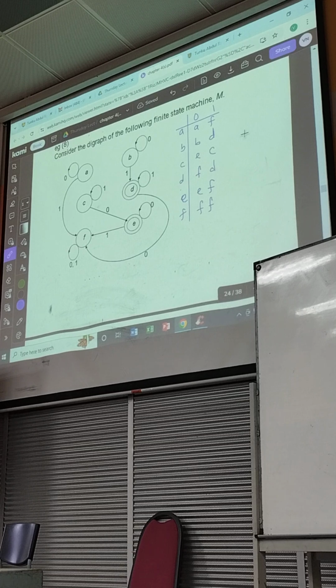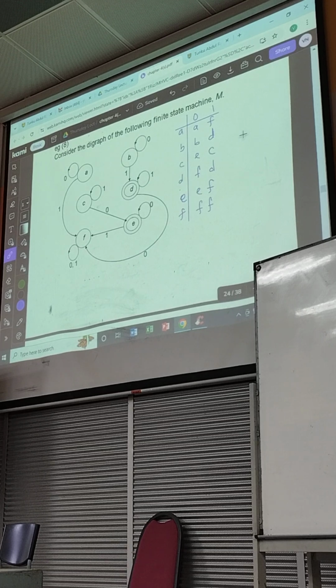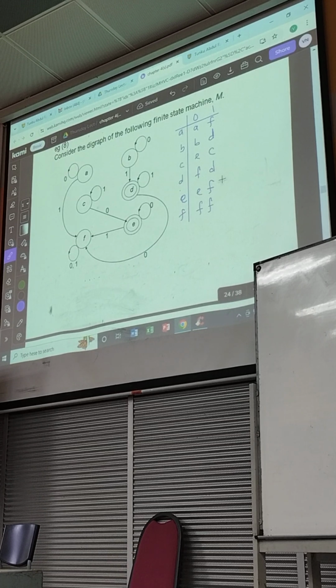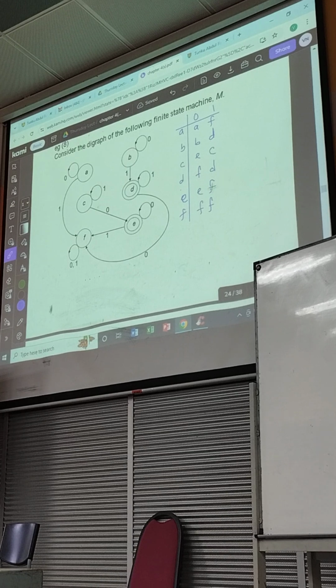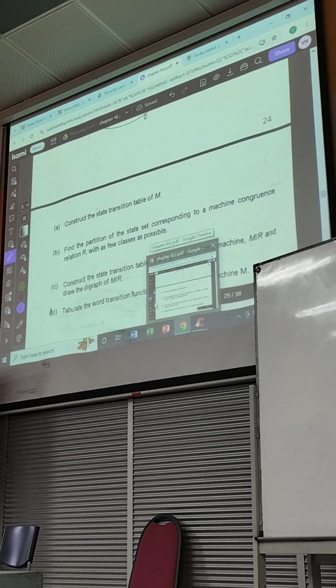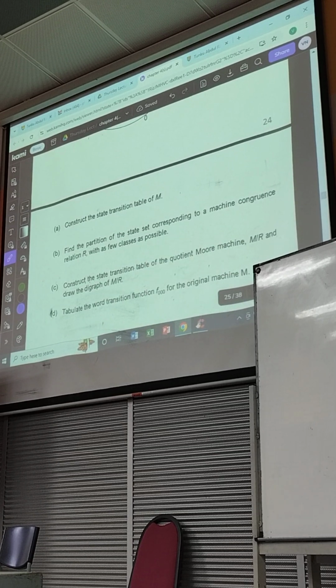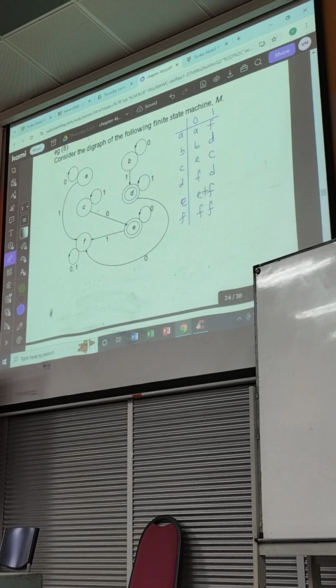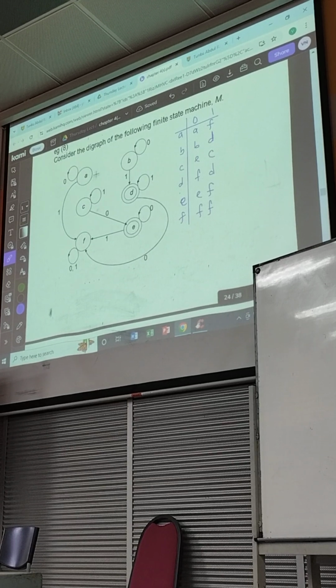Then the question here is, this is the first part, the state transition table of the given machine. Second part, do what? Partition of the state set to a machine congruence with as few classes as possible. So we do like just now.